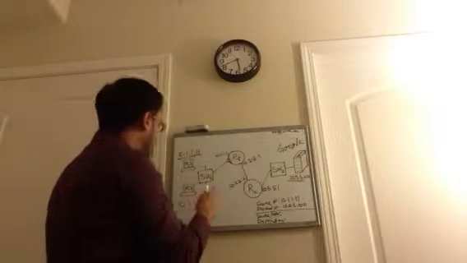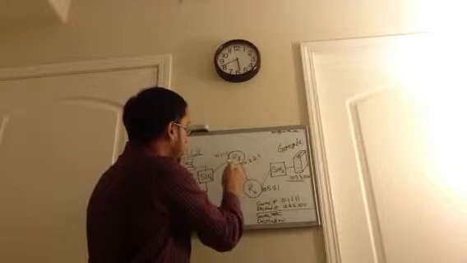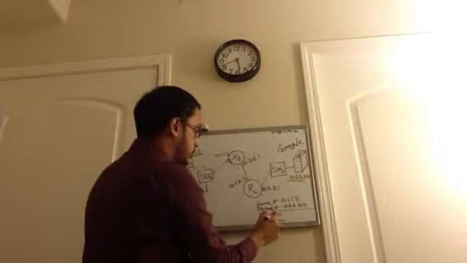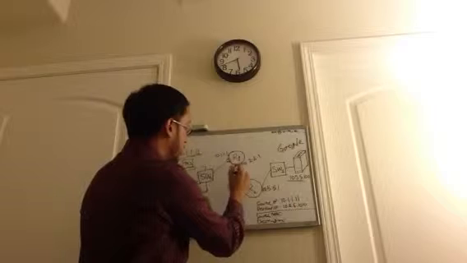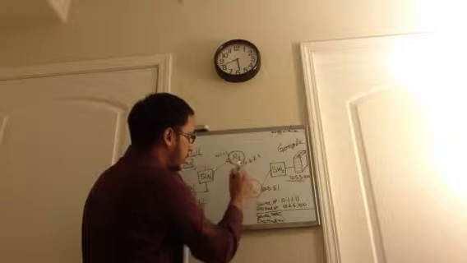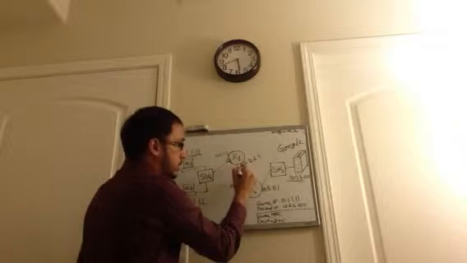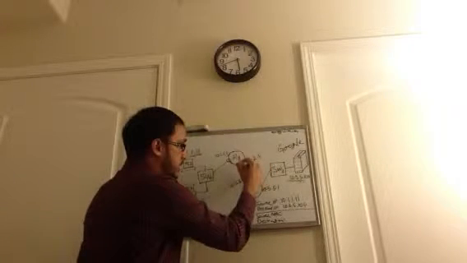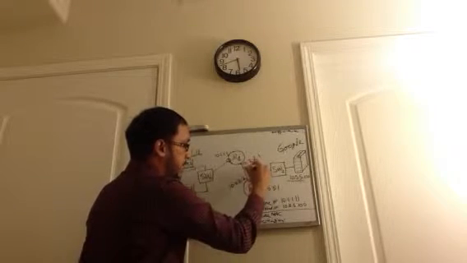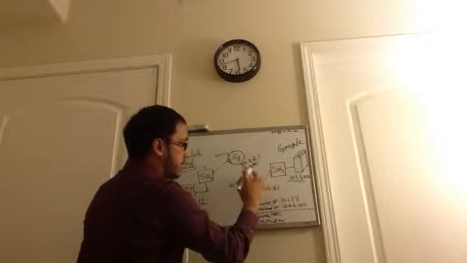Once the packet gets here, we have the packet right here. So now, in order for me to get the packet to router 2, it will make this interface the source MAC, and this will become the destination MAC.